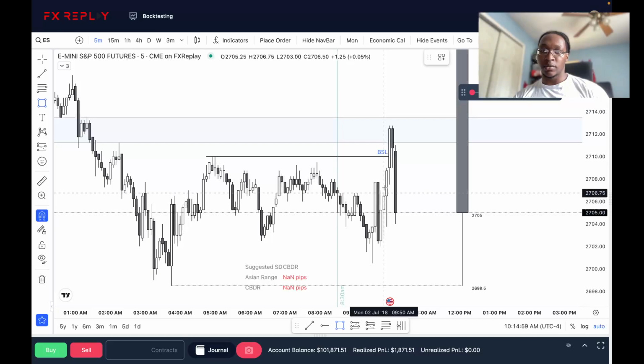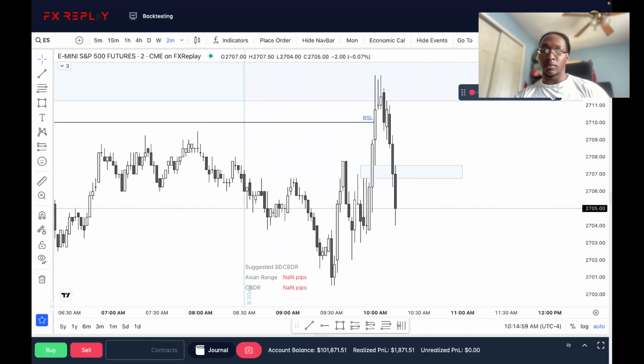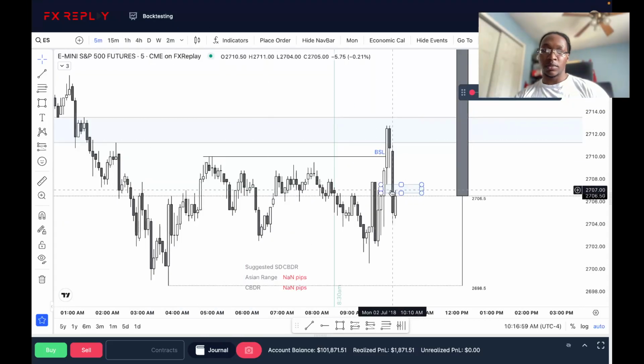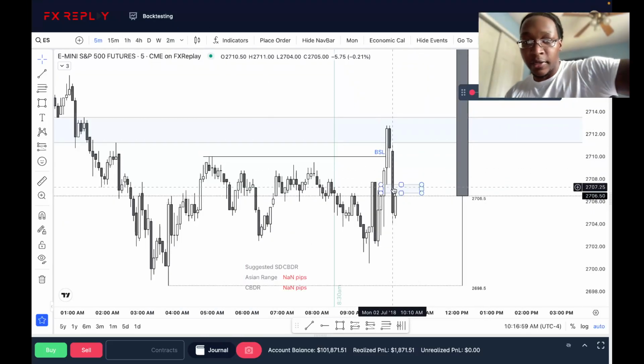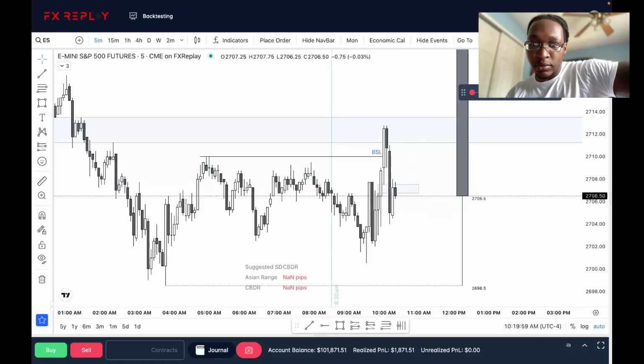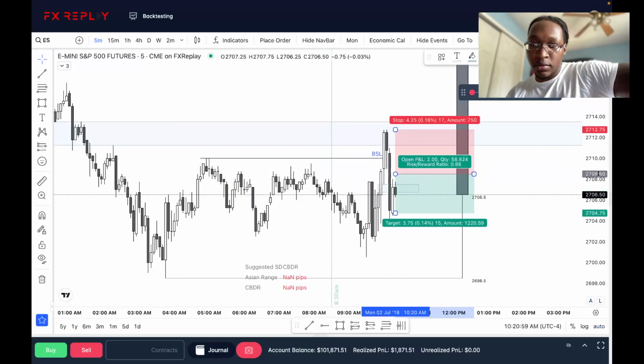Inverse gap here. 5 minute, if I get a fair value gap here, I have no hesitation to sell this. Volume imbalance here, fair value gap here, running out buy side liquidity. I'm taking this to the bank.